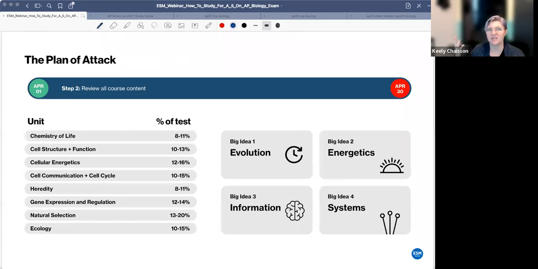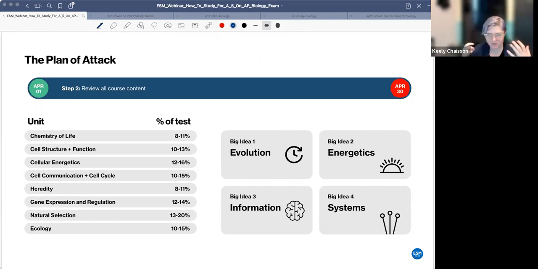There's also understanding how the effect on one part of a biochemical pathway is going to affect other aspects of the pathway. So being able to do that kind of systems analysis is absolutely going to be on the test.